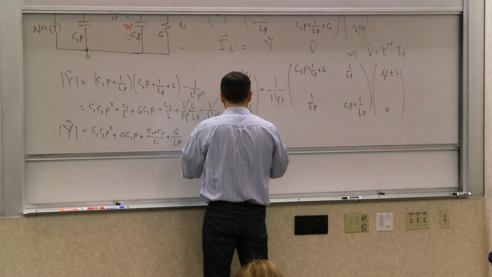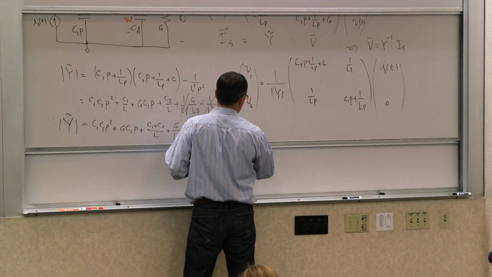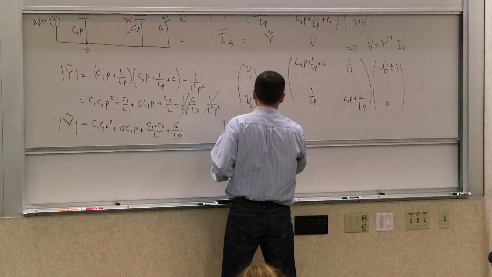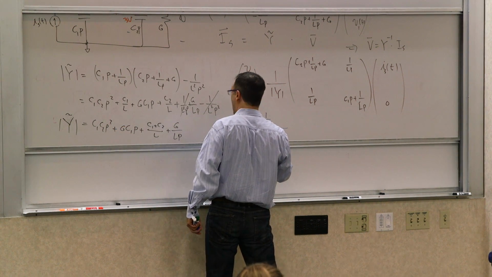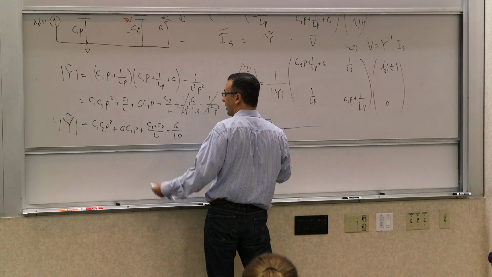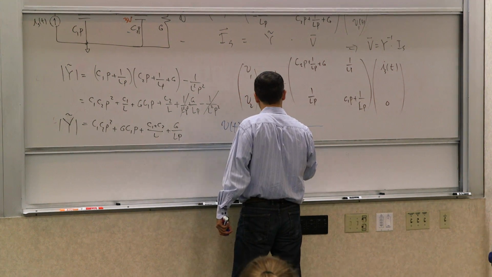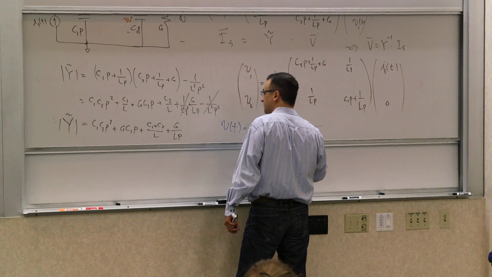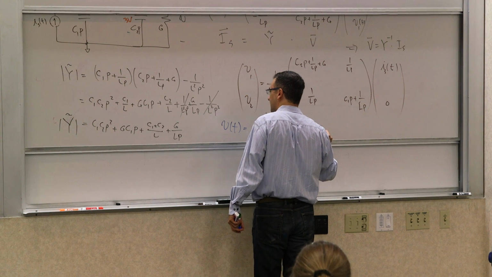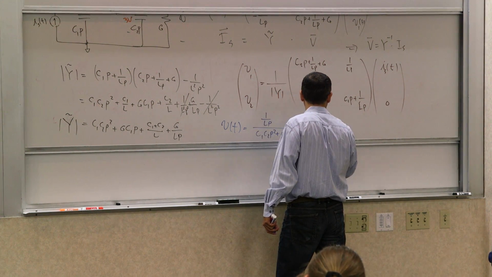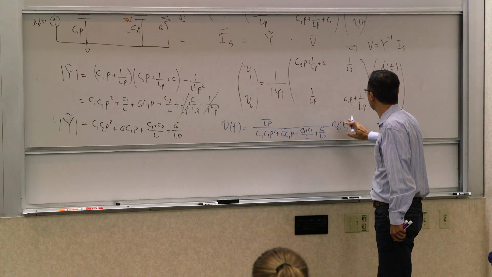So V of t is going to be 1 over LP divided by the determinant of Y, which I can write as C1 C2 P squared plus G C1 P plus C1 plus C2 over L, plus G over LP, operating on Is of t.